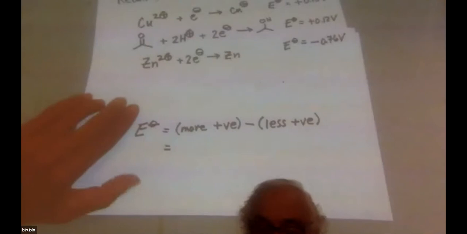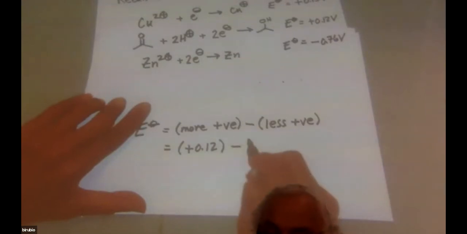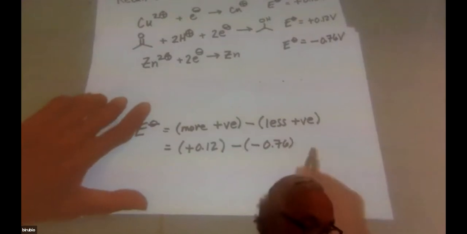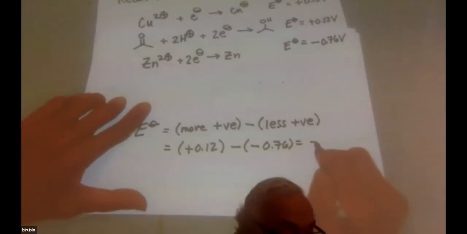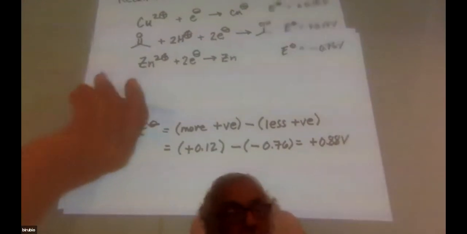So the more positive E0 is plus 1.2 volt. The less positive one is minus 0.76. And so that adds up to plus 0.88 volt.